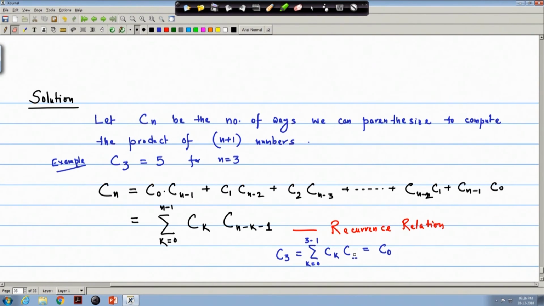First, k equal to 0 and n equal to 2, so this becomes 2 minus k minus 1.